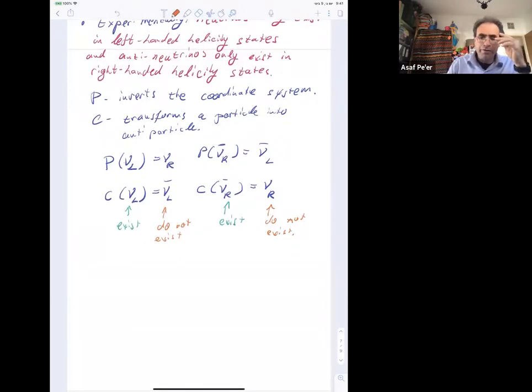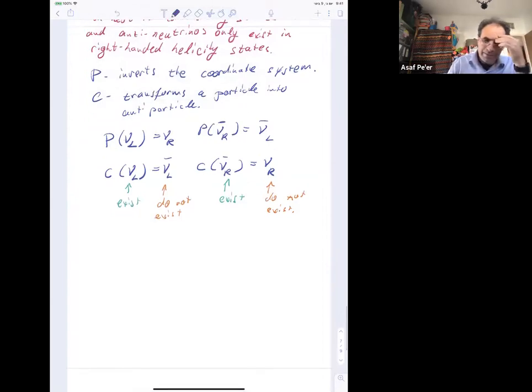Now that's true only for neutrinos, because the other leptons and all the other massive fermions do exist in both left and right-handed helicity states, which again makes sense because I can Lorentz transform. It's just the neutrinos, which are presumably massless. They're not exactly massless, but they're very close to massless.